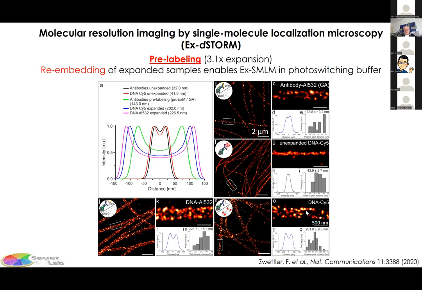For two differently modified secondary antibodies, we end up with 200 and 226 nanometers. So this experiment we simply did to demonstrate that small changes in the probe size are directly translated into dimensions after expansion, because you also expand your fluorescent probe.